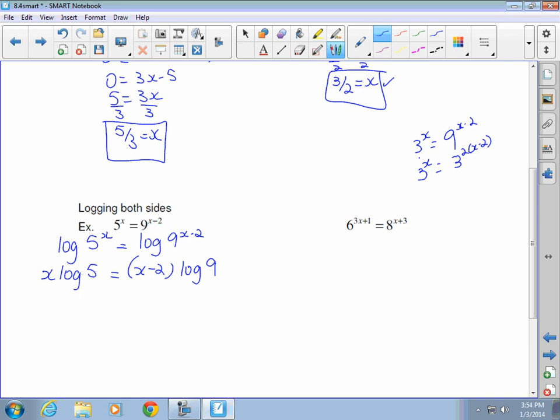So what I want to do then is expand where I can. This side, nothing I can do. This side, I'm going to multiply that log of 9 through, I'm going to distribute it. So x times log of 9 is x log of 9. So I'm multiplying my negative 2 times log of 9, so negative 2 log of 9.